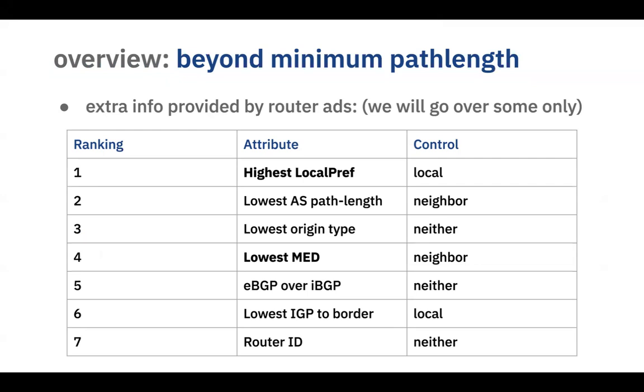These are ranked in terms of priority, and they are also controlled by different routers. So for example, a local router or a neighboring router. And we'll go over some of these and how we can use them to control how our traffic is routed.